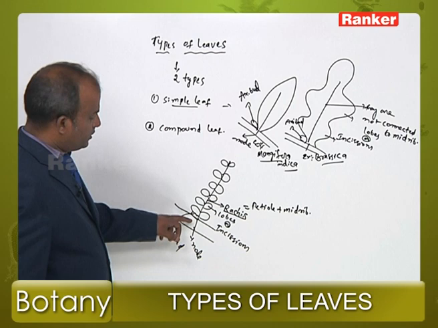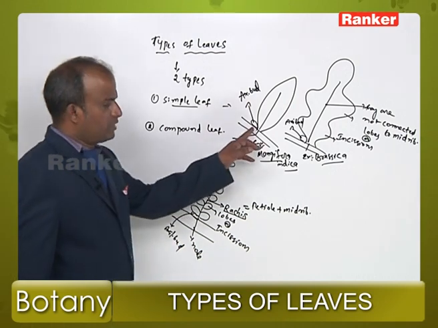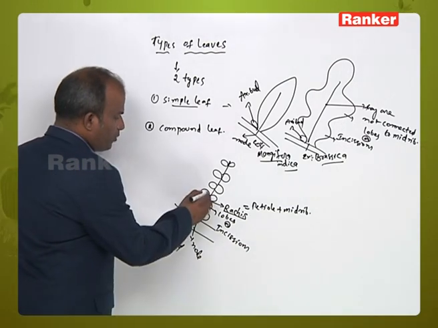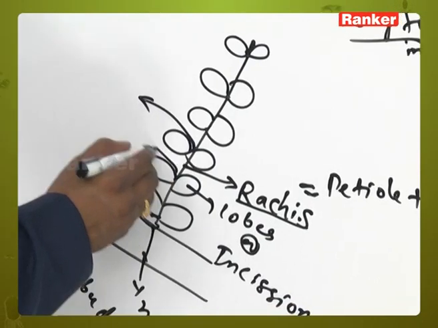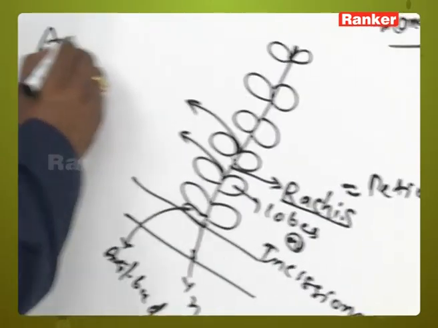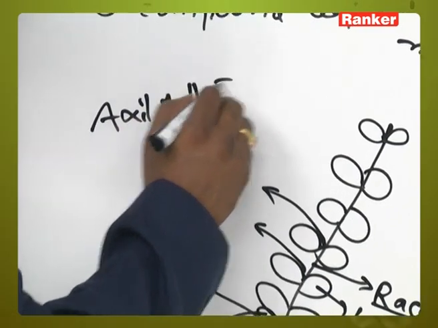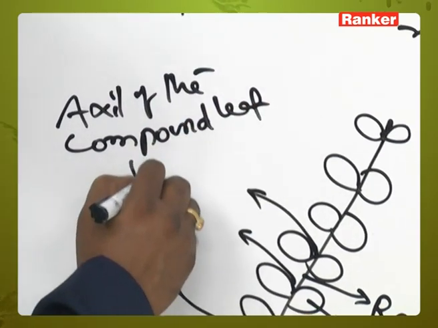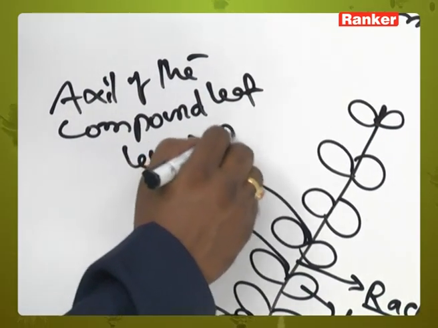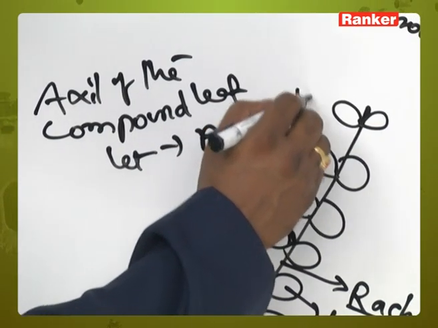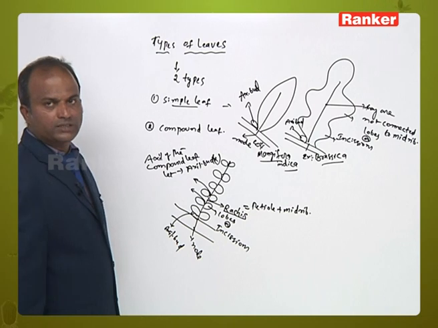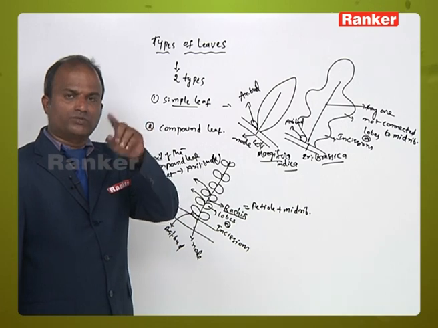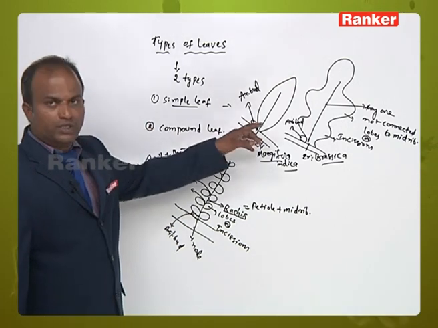The axil of the compound leaf shows an axillary bud, and the axil of the simple leaf also shows an axillary bud, but the axil of the compound leaflet does not show an axillary bud. Axil of the compound leaflet shows axillary bud? No. Axil of the compound leaf shows axillary bud? Yes. Axil of the simple leaf shows axillary bud? Yes.